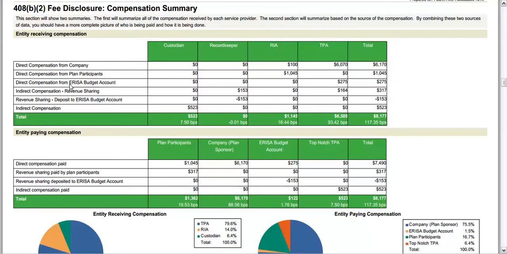To summarize all that information, we break out the information by the entity receiving the compensation and then the entity paying the compensation.